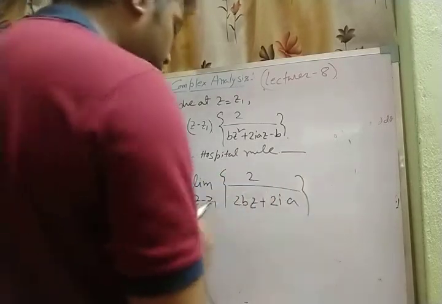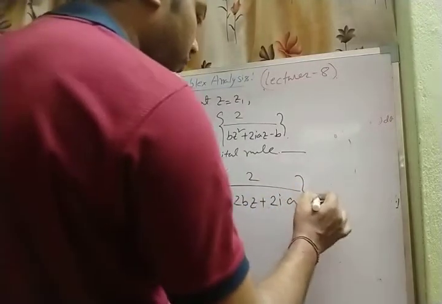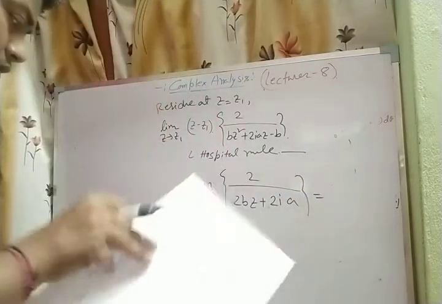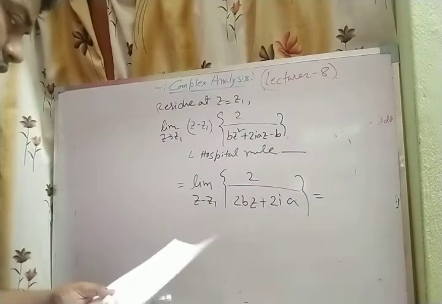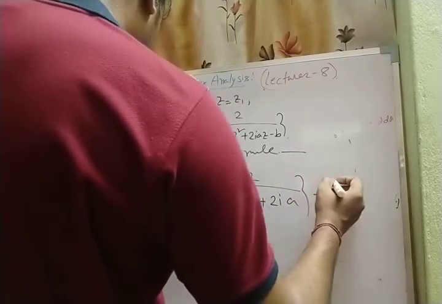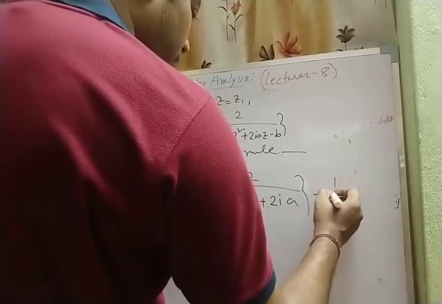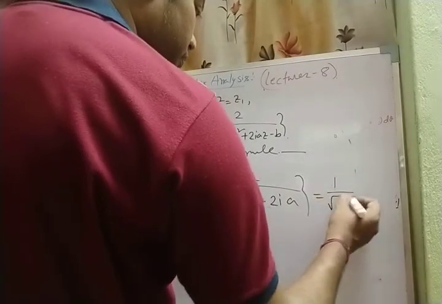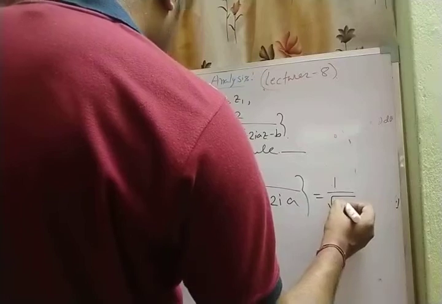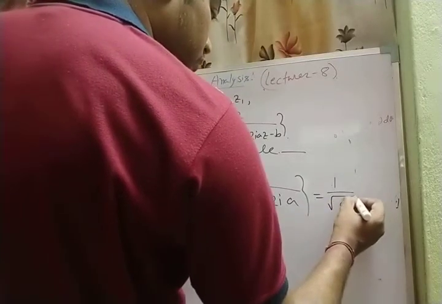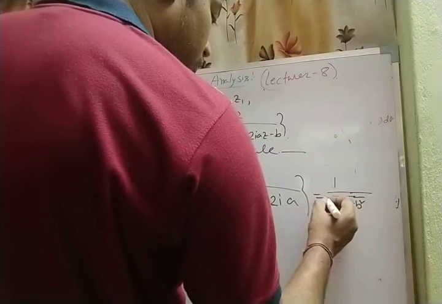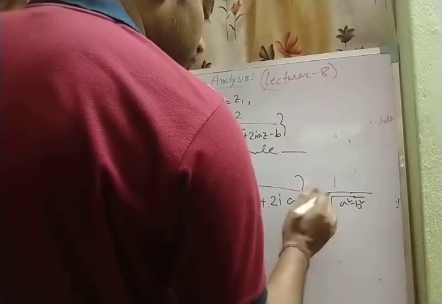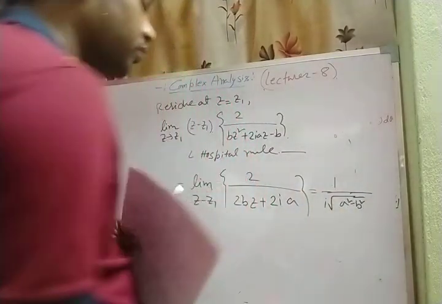Now putting the value of z1, this gives 1 by root over of a square minus b square into i. So this gives this.